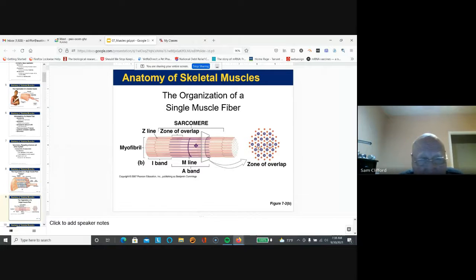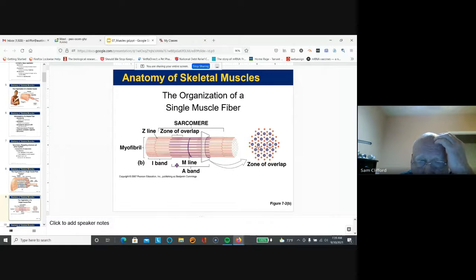Okay, so here's a close-up shot of the sarcomere. The sarcomere is made up of actin and myosin, thin filaments and thick filaments. Here we have the Z line, and you can see that the actin filaments are connected to the Z line. The myosin thick filaments are connected at the M line. The A band is where we have thick filaments, myosin, and some thin filaments.